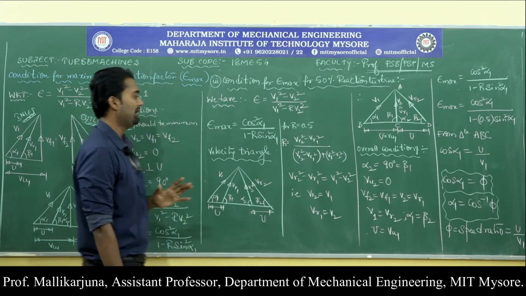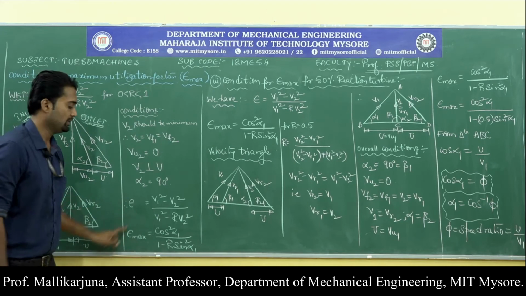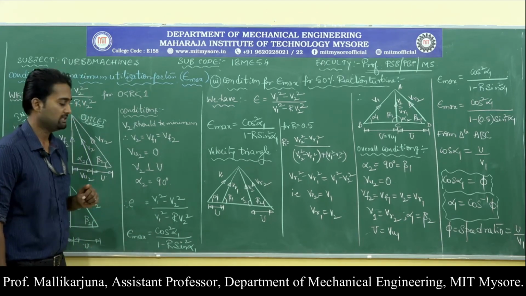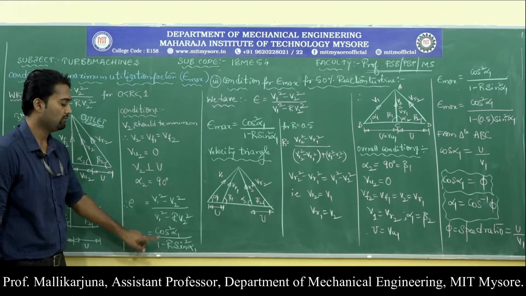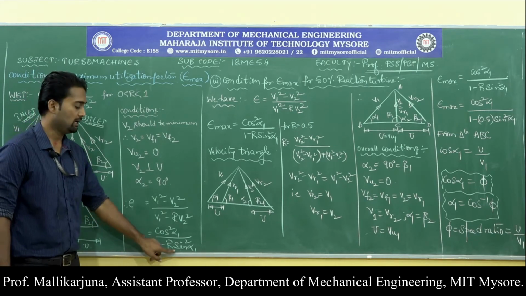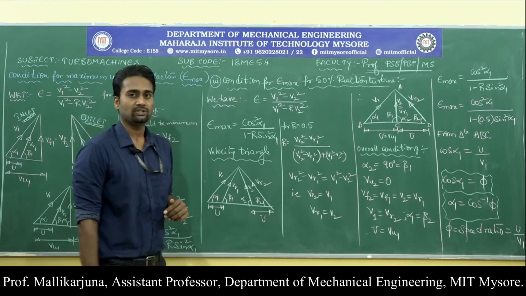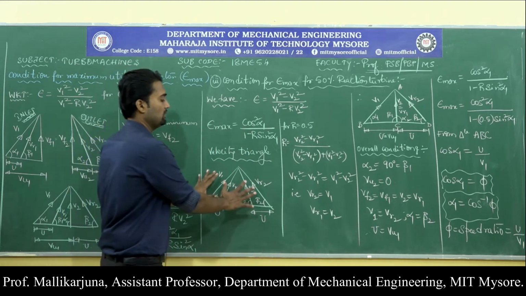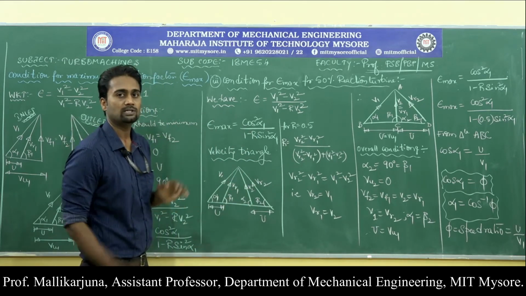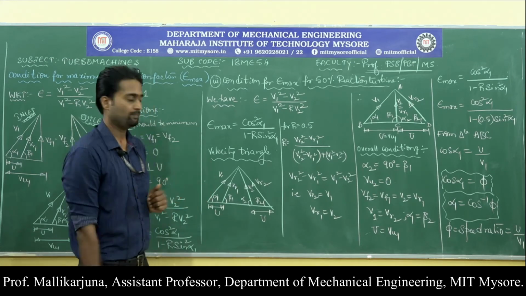Next thing is we have a general equation for maximum utilization factor as cos square alpha 1 divided by 1 minus R sin square alpha 1. I have taken that into consideration. So now let us look on to the general velocity triangle, which consists of both inlet as well as outlet.